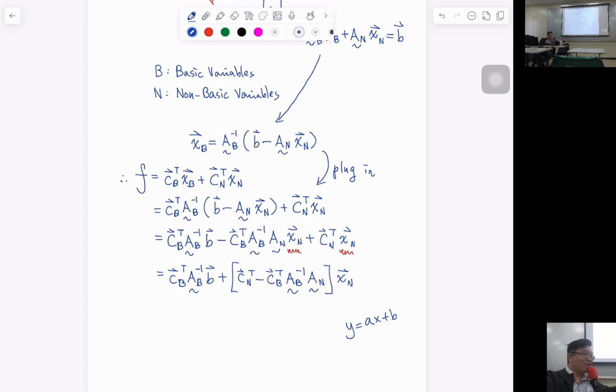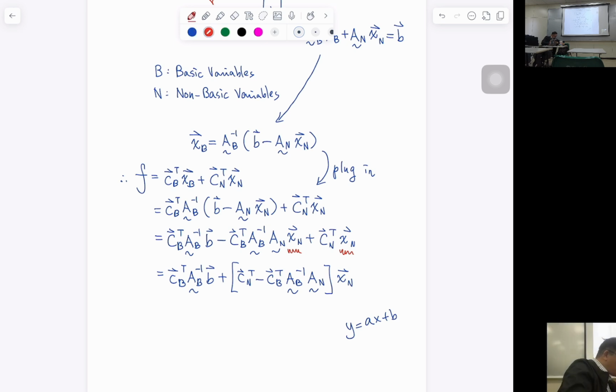If a is positive, then you try to make your x smaller, and then you will have the smallest y. But if your coefficient a is negative, then your x has to be larger. So it really depends on this term in the bracket.